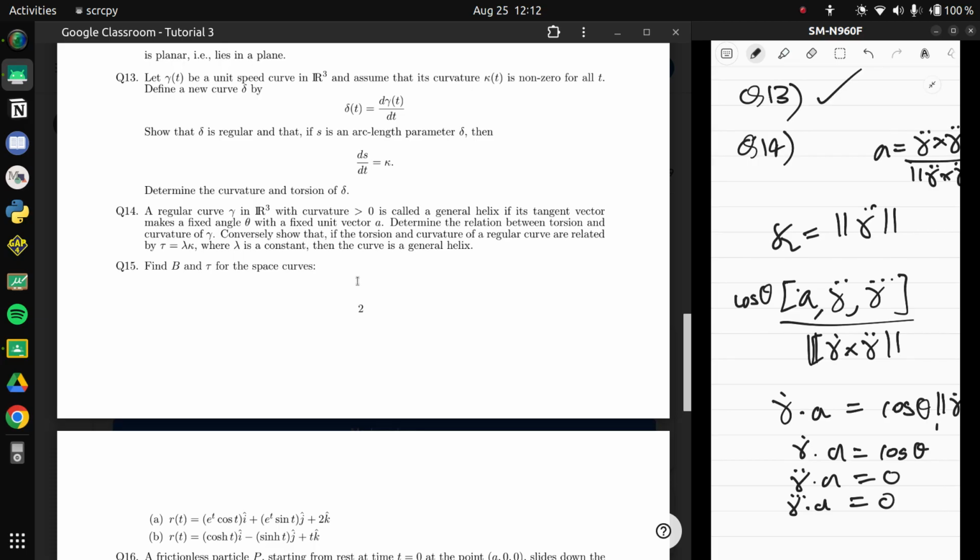That's interesting. So it's tau equal to lambda k.